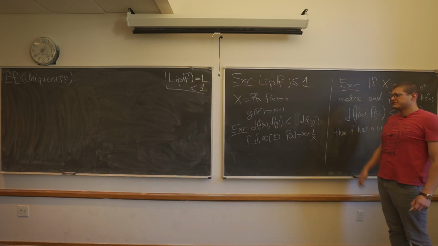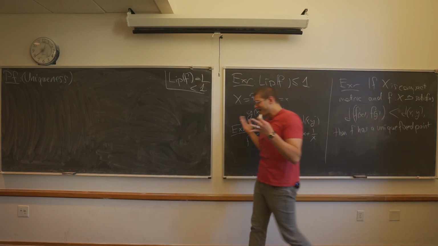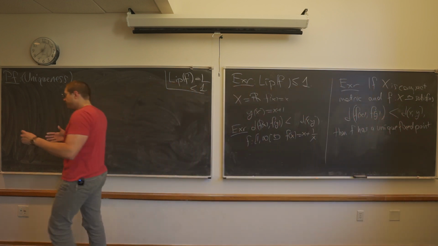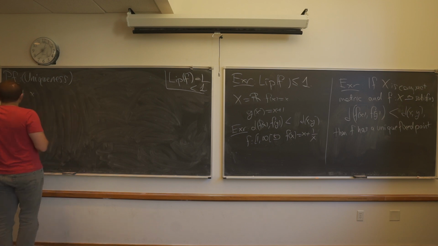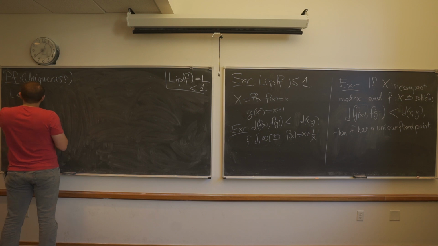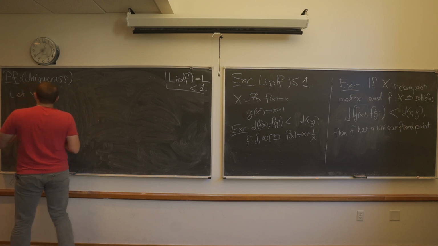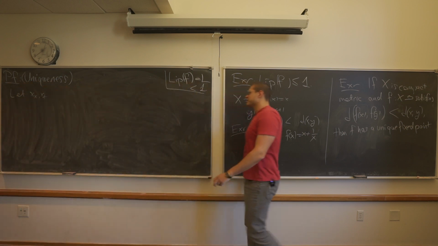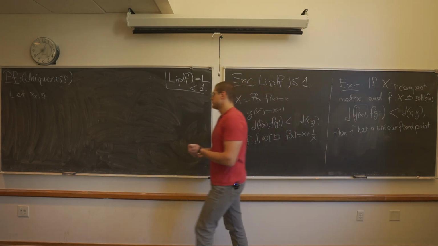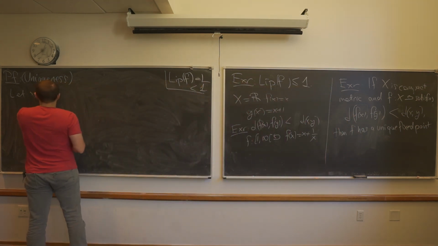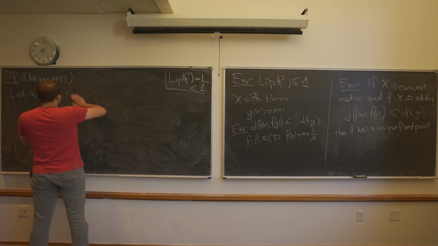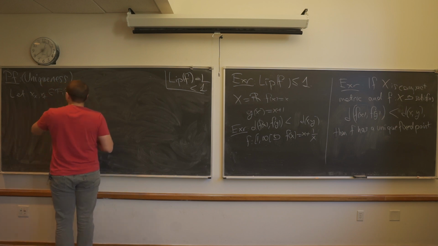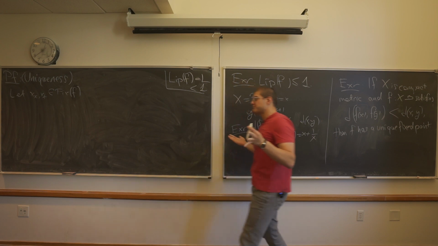Now, the first claim is that if I have 2 fixed points, they have to be the same point. One way of doing this is to take 2 points, let me say x star and x dagger, in the fixed point set. I want to show that these 2 points are in fact the same point.